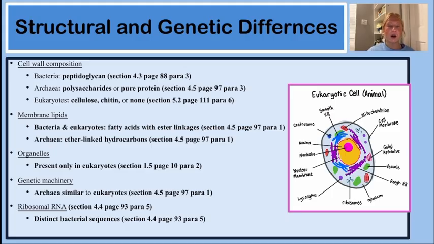But genetically, archaea are especially interesting because their transcription and translation machinery shares similarities with eukaryotes, even though they are prokaryotic. But bacteria are distinguished by their unique ribosomal RNA sequences, which is why they're separated into their own domain.